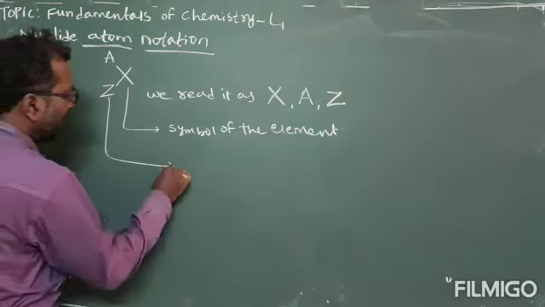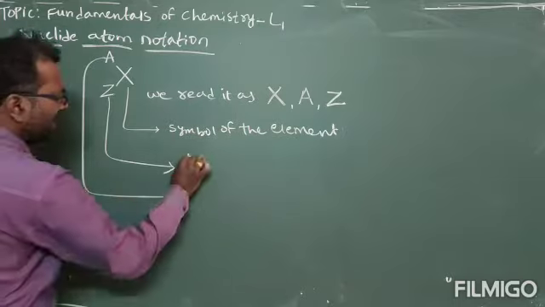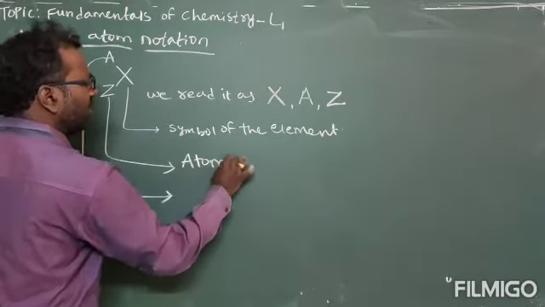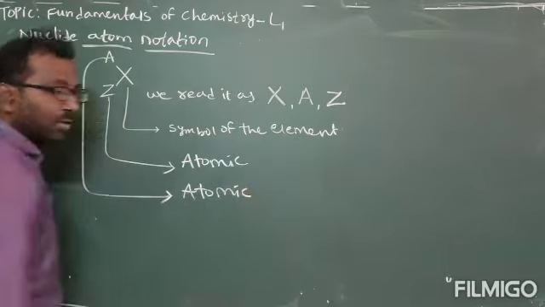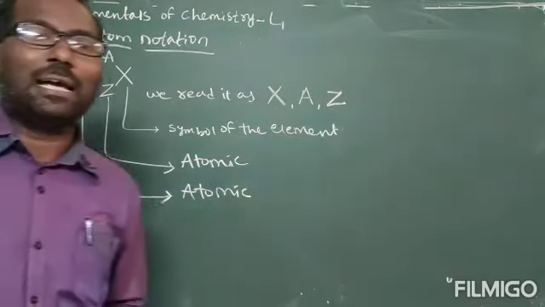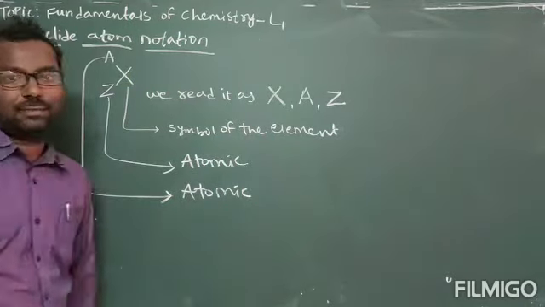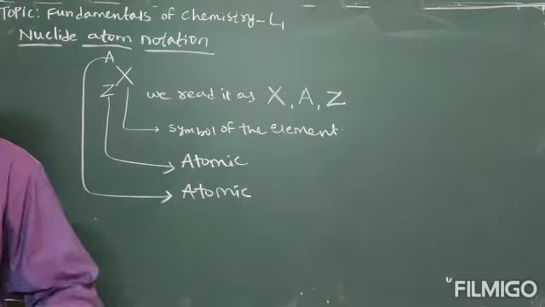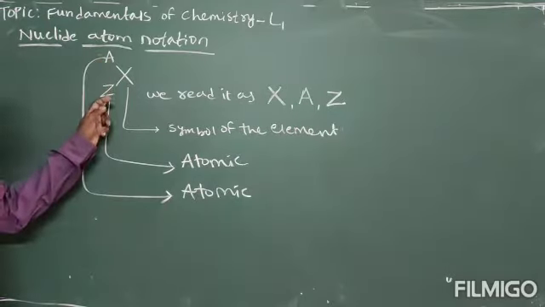And what is Z and what is A? Z is atomic and A is also atomic only. But we have two, one as mass and another as number. In mass m and in number n, so first m will come and next n.